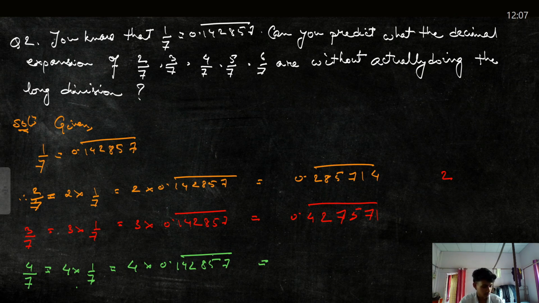That is 4 into 0.142857, which will be 0.571428 bar. Similarly, you can do it for 5 by 7 and 6 by 7.